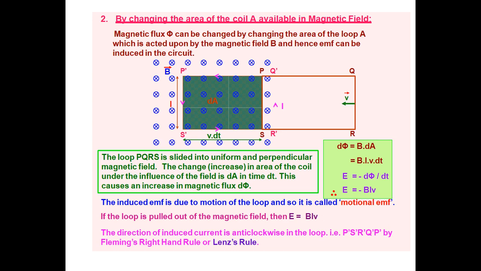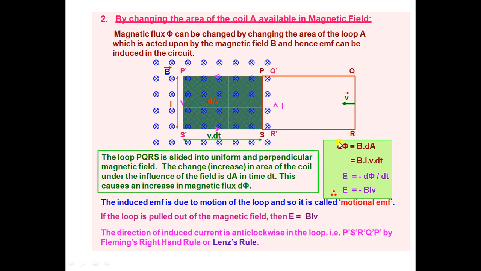It is the EMF due to the motion of the loop, and so it is called the motional EMF. Because of the motion of that moving conductor, whatever EMF is produced is known as motional EMF. If the loop is pulled out of the magnetic field, then E is equal to BLV.